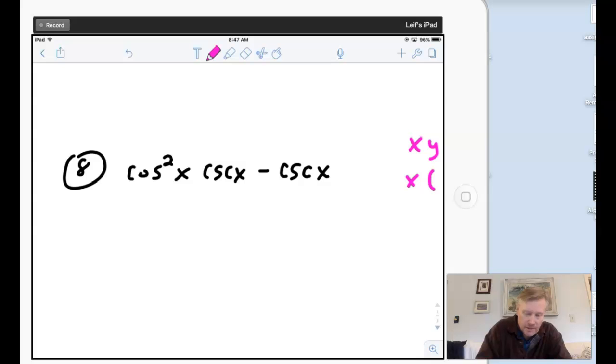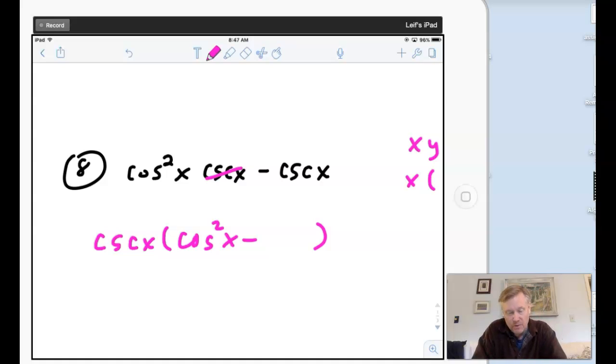The only thing is that I'm actually going to be pulling out a cosecant of x, which means once I pull the cosecant out of that one, I'm left with cosine squared of x. And remember, you're dividing, so I'm not just left with 0 there. I'm actually left with 1 because cosecant divided by cosecant is 1, okay?